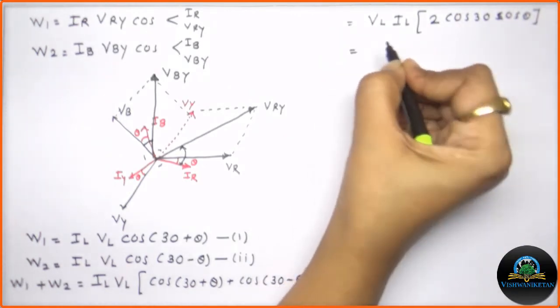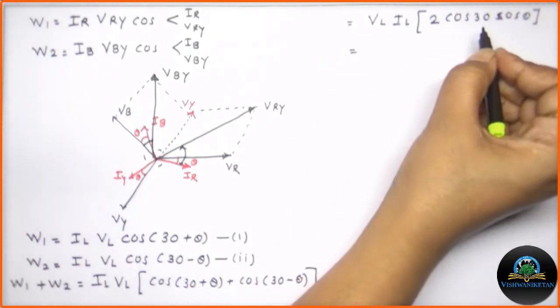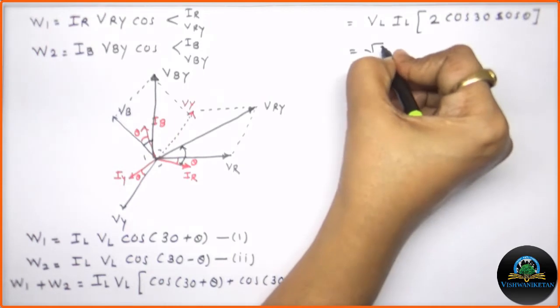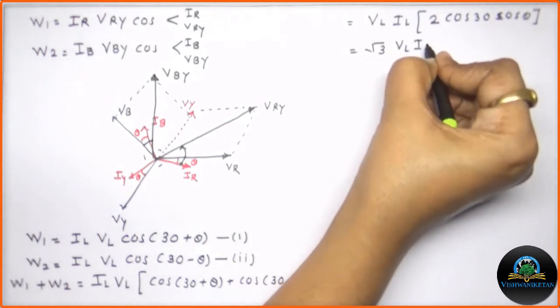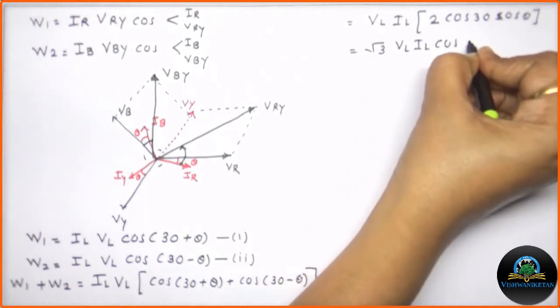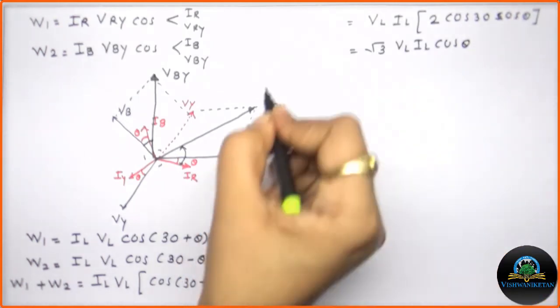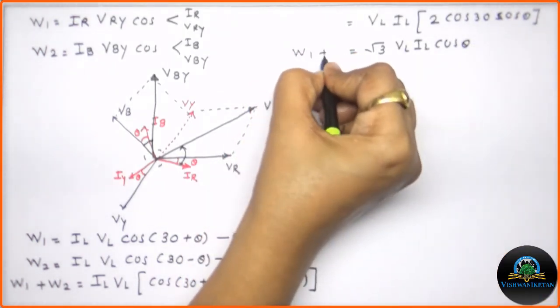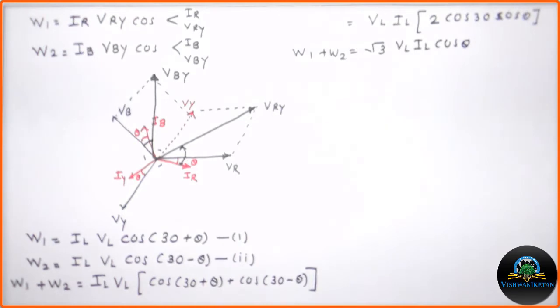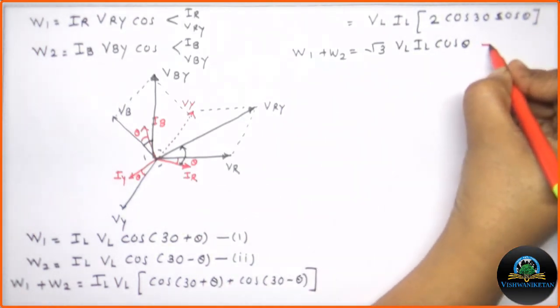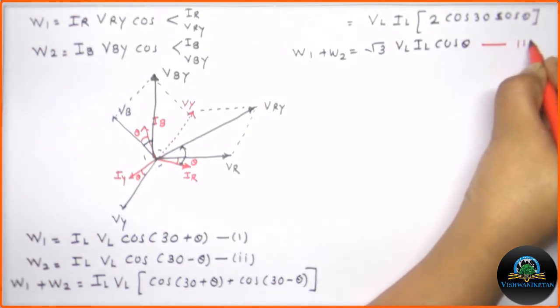Taking the value of cos 30, it will be root 3 VL IL cos theta. So I got W1 plus W2 equal to root 3 VL IL cos theta. I will mark this as equation number 3.